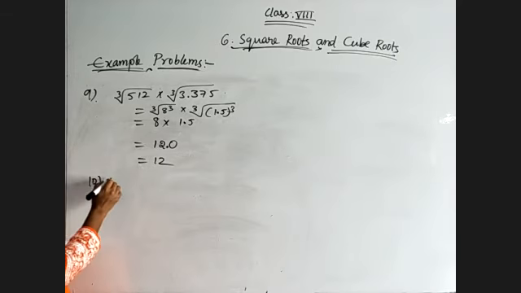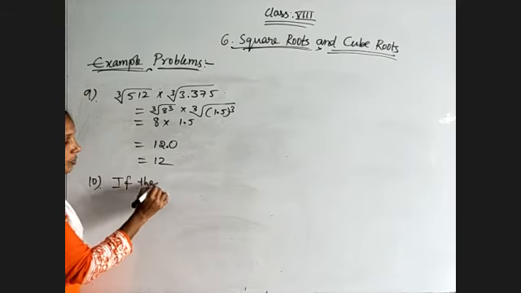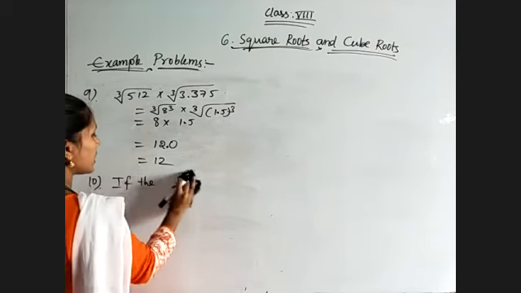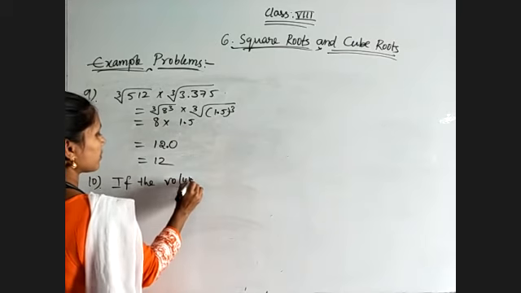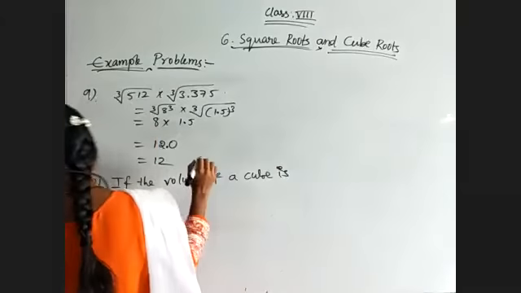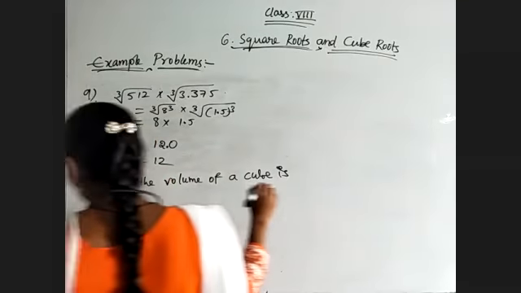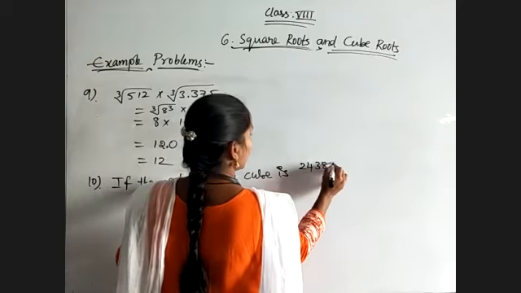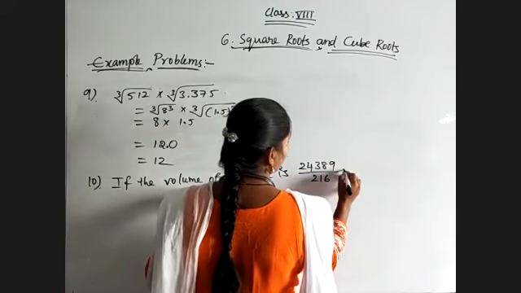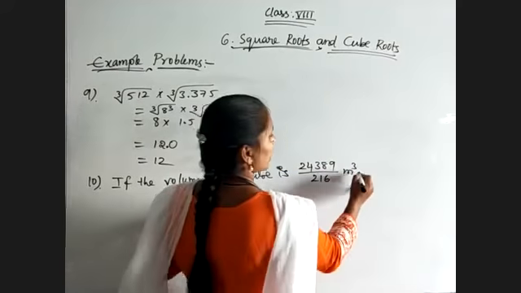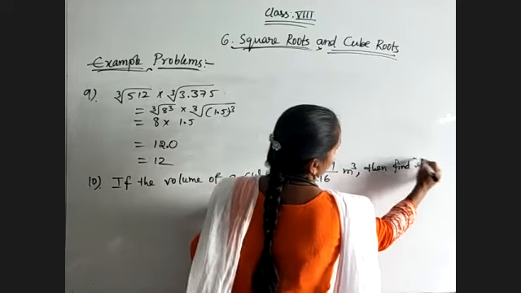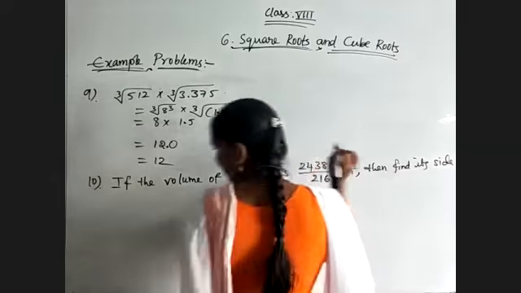Here, if the volume of a cube is 24,389 by 216 meters cube, then find its side, its side or edge, whatever.